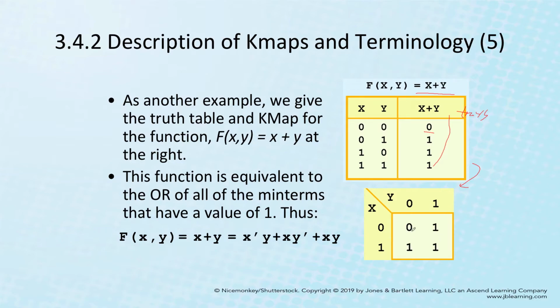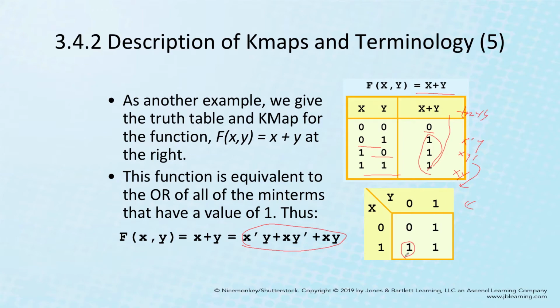Out of this truth table, we can list the sum of products form. The first one is x'y, then this one is xy', and this one is xy. So the function is represented by this. From the K-map we also get exactly the same expression.